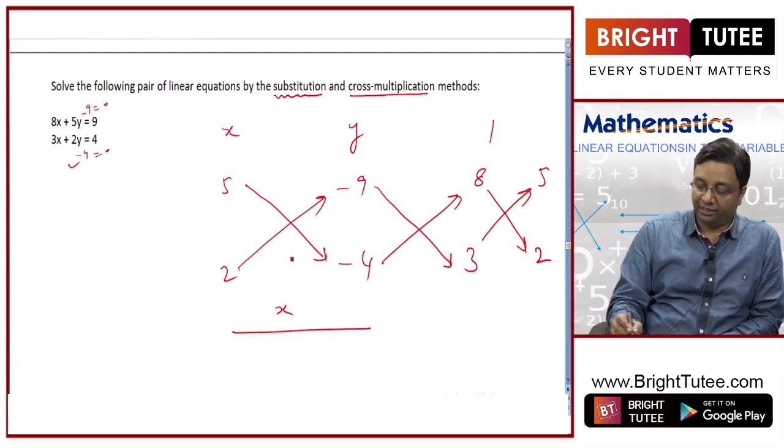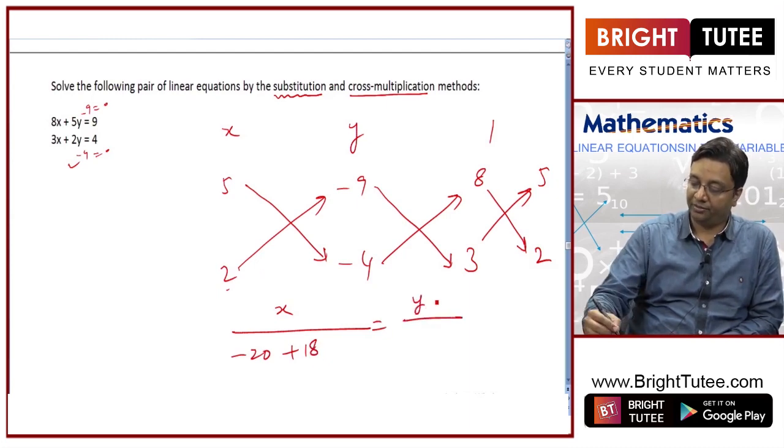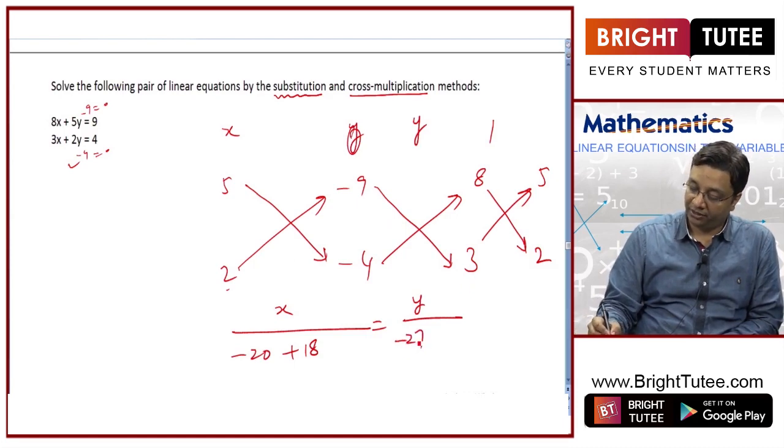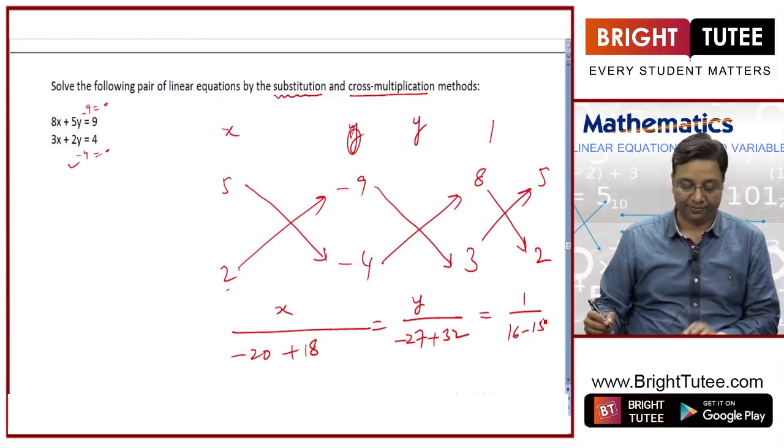So, x divided by minus 20 plus 18 equals y divided by, you write y here, minus 9 into 3 minus 27, this is minus 32. So, plus 32 equals 1 divided by 16 minus 15.